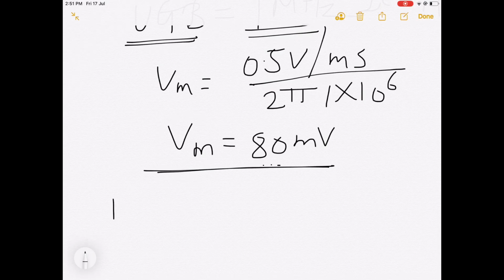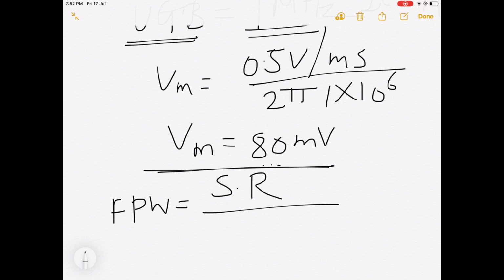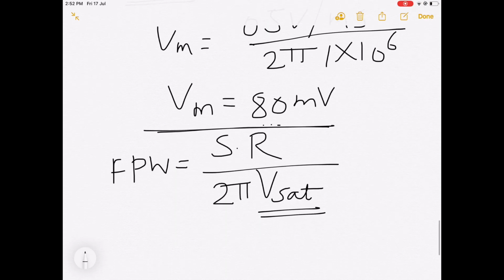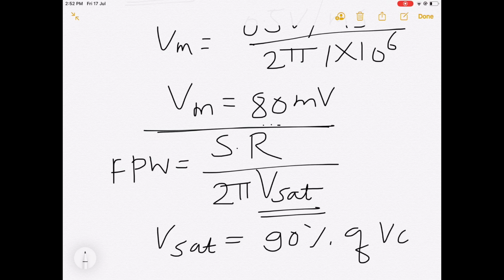Full power bandwidth is equal to slew rate divided by 2 pi V saturation. V saturation is nothing but the saturation voltage of the op amp, which is always 90% of VCC, where VCC is the supply voltage.